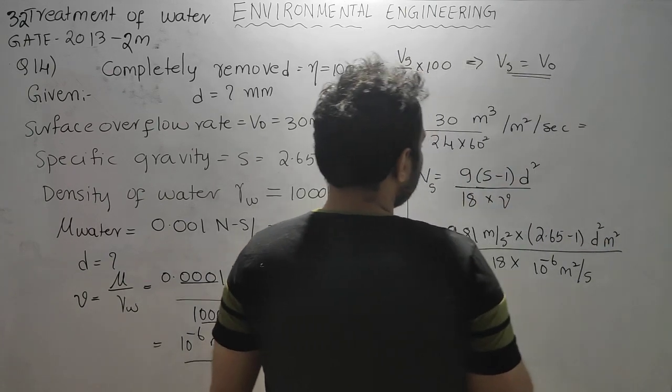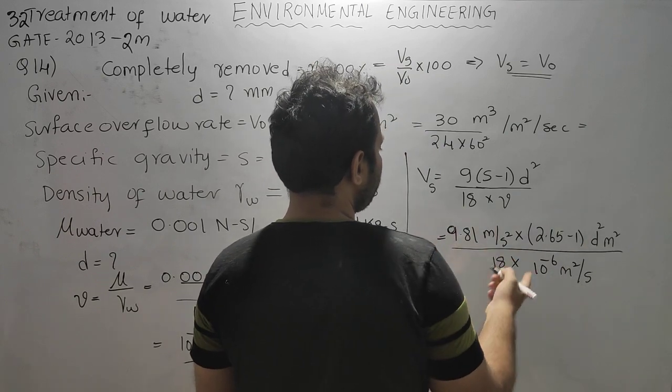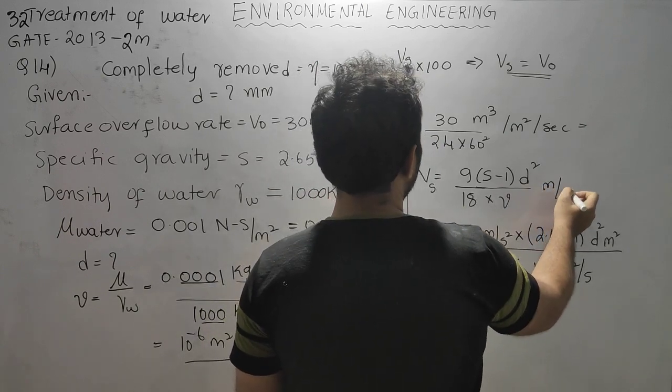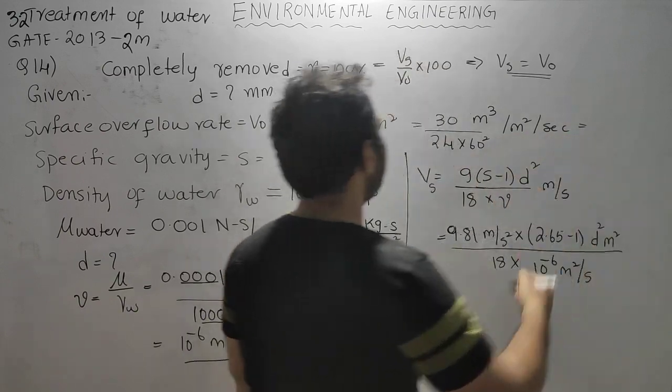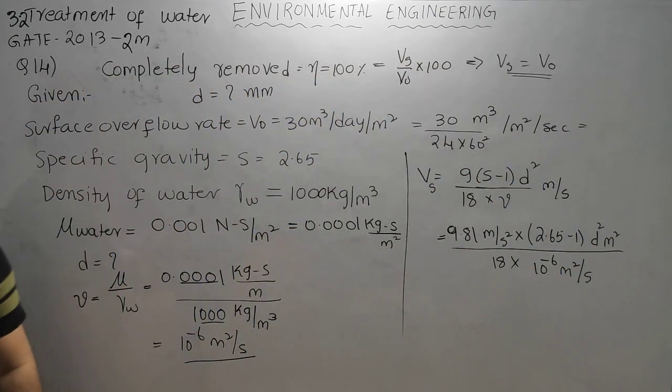This will be Vs in meter per second. Here also we get the value in meter per second: 30 by 24 into 60 square. If you do that, we will get V naught as 3.47 into 10 to the power of minus 4.